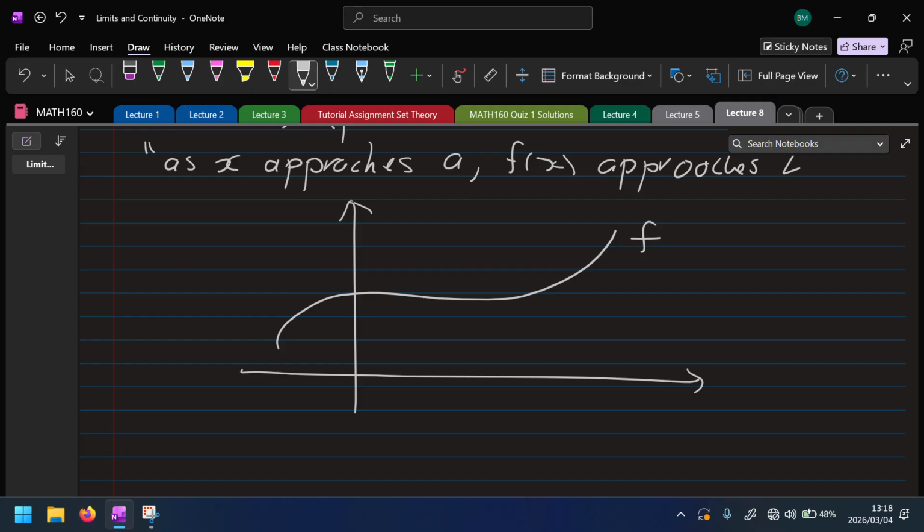We have a function f, and we have a point of interest over here at a. Now, a is just some element of our domain. Later on, we'll see a doesn't have to be an element of the domain. But for this example, we'll say a is an element of the domain.